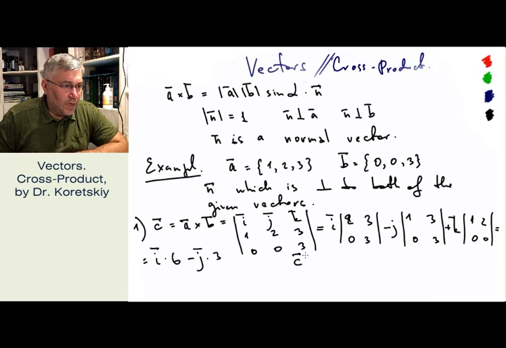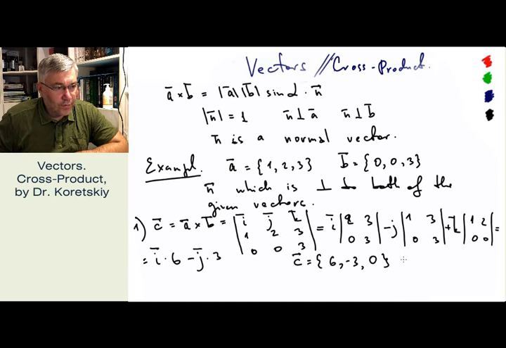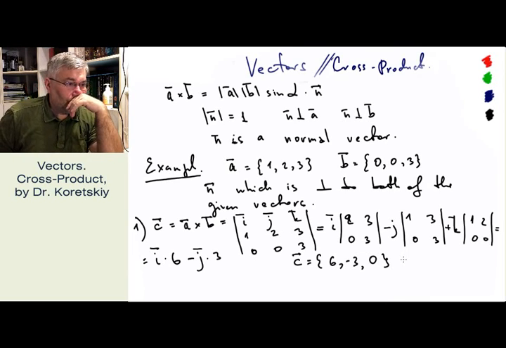So vector C has the following components: 6, minus 3, and since we have the 0 third term here, the z component of this vector is 0. Okay.